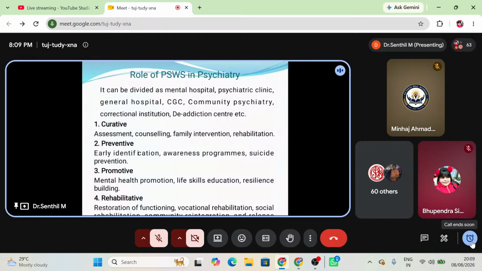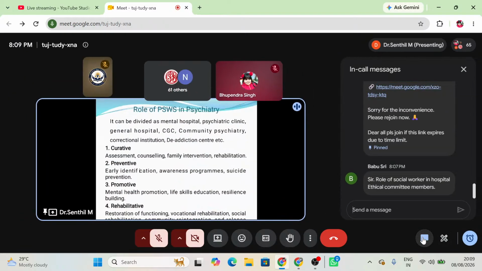And working with risk factors, for example poverty, poor coping skills, or unemployment, comes under the prevention of mental illness.